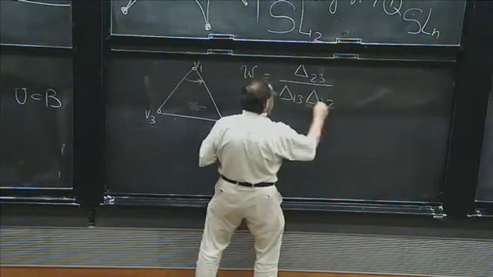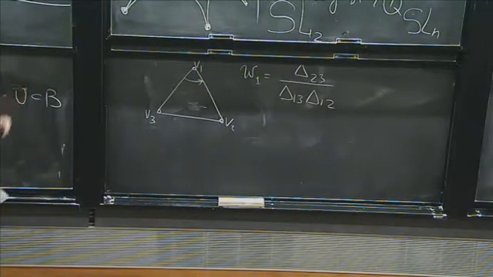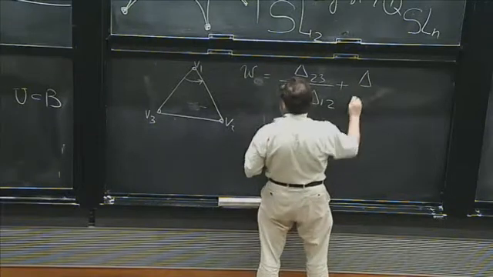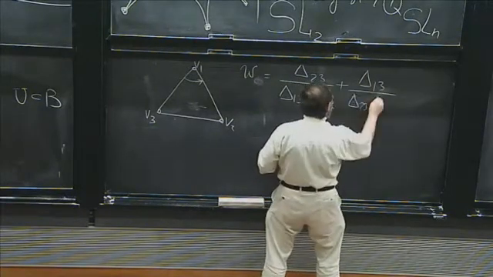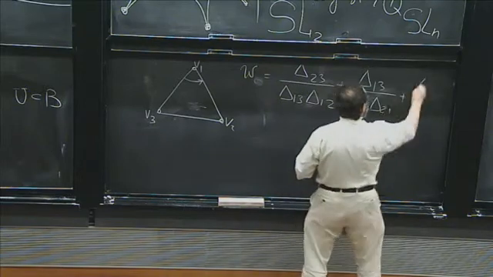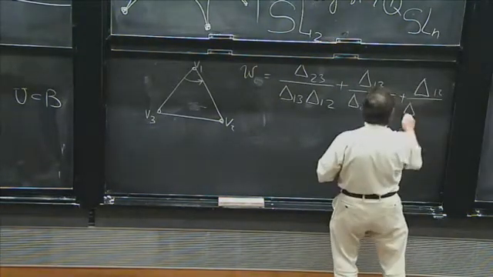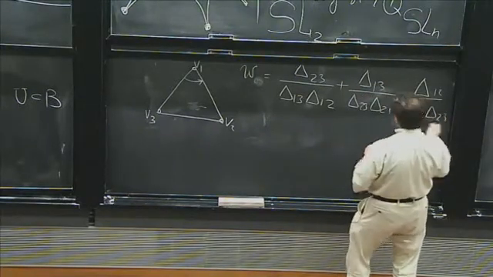These deltas are the areas of the corresponding pairs of vectors. And then you take the sum, and you will get something like this: delta 1,3 divided by delta 2,3 delta 2,1, plus delta 1,2 divided by delta 1,3 and delta 2,3. So this is the potential in the triangle.